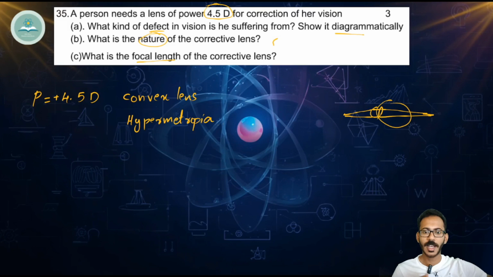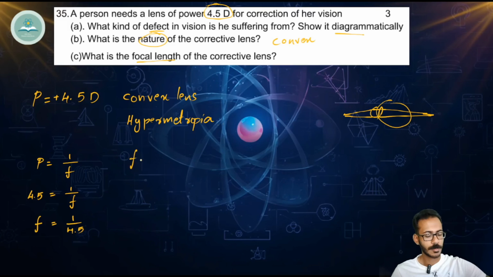Now what is the focal length of the corrective lens? We know the relation between the focal length and the power. Power is equal to 1 by focal length. So here power is 4.5, that is equal to 1 by focal length. If you just interchange, F is equal to 1 by 4.5. I'll rewrite once again. F is equal to 1 by 4.5 into 10 into 10.